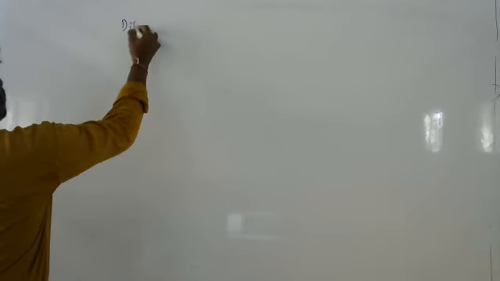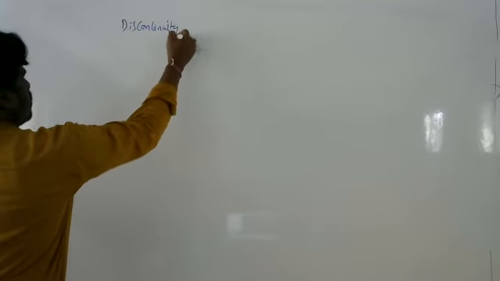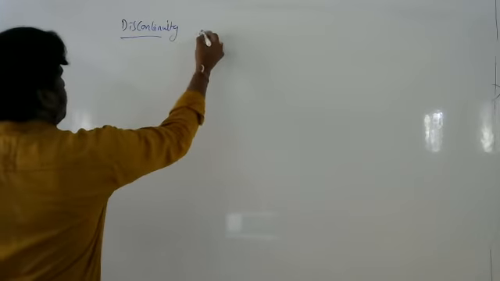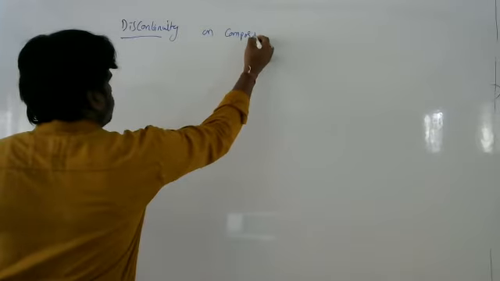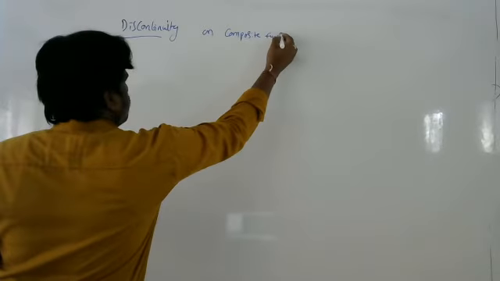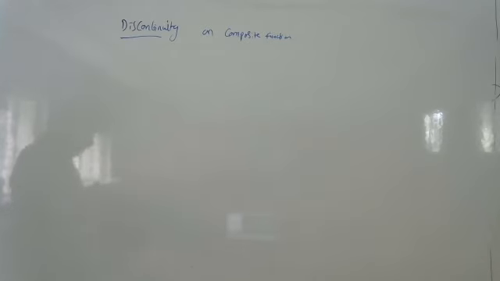Discontinuity or continuity on a composite function. So we have to check the discontinuity of the composite function, where it will be discontinuous.